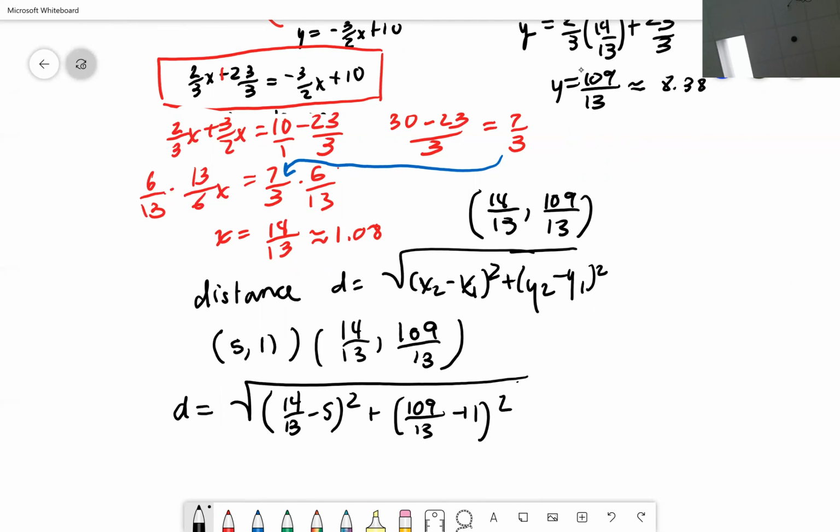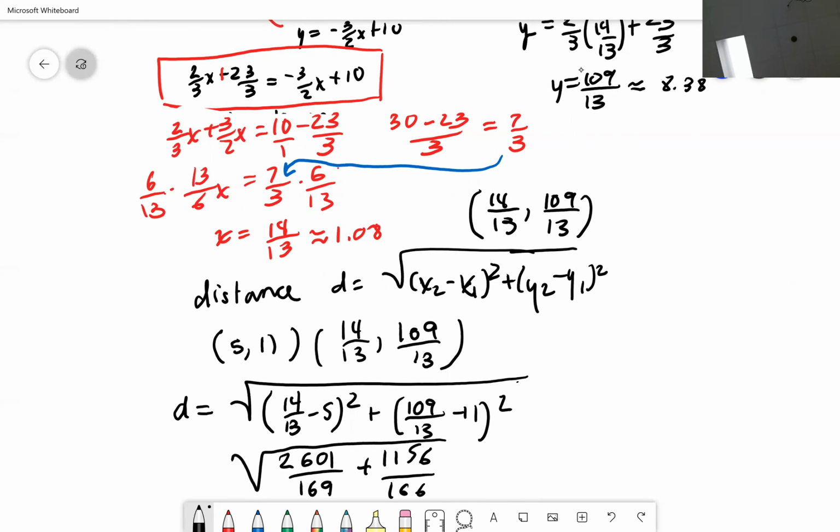So we have 14 divided by 13 minus 5 raised to the second. The calculator says this is 2,601 divided by 169, some ridiculous number like that. Then 109 divided by 13 minus 11, and make sure this is in parentheses, highlight this answer, square it, and it comes out to 1,156 divided by 169.